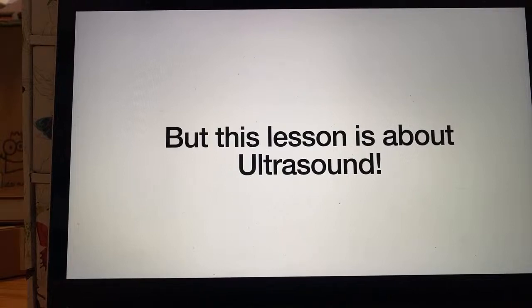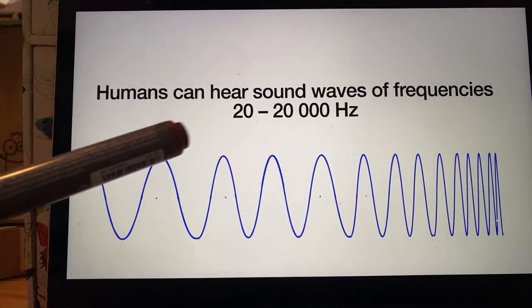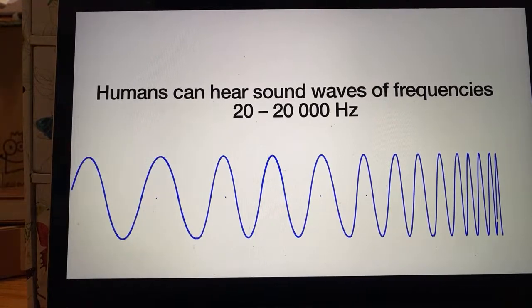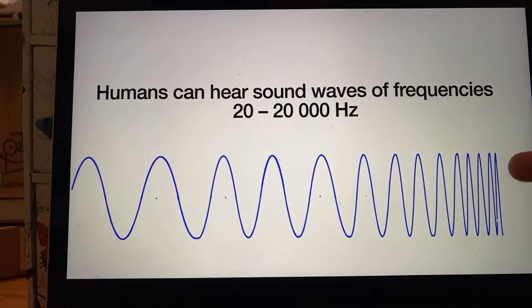But finally, let's talk a little about ultrasound. Well, ultrasound is basically sound waves so high humans can't hear them. Last week we talked about this memory game. You have to know that humans can hear sound waves in general of frequencies from 20 hertz, very low, only 20 waves per second, to 20,000 hertz, 20,000 waves per second.